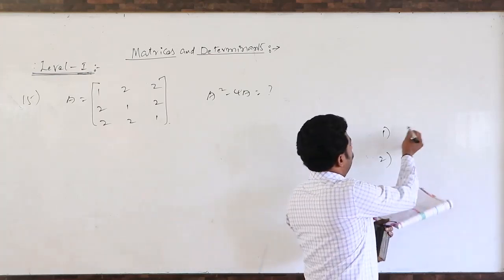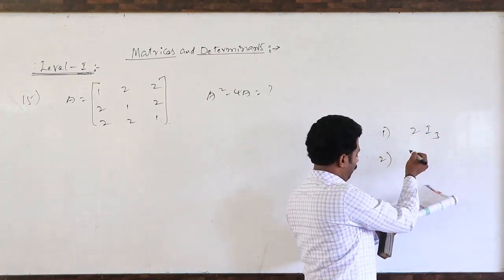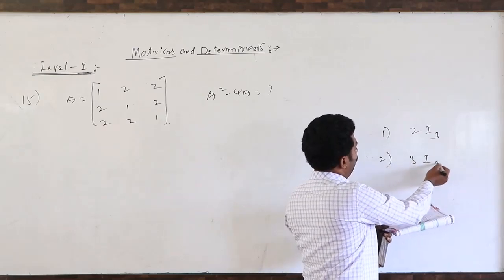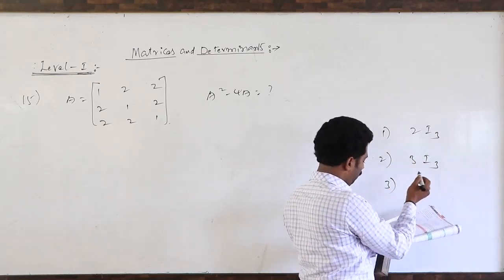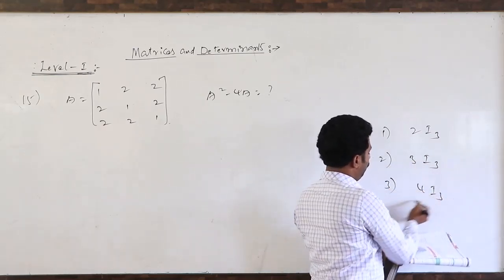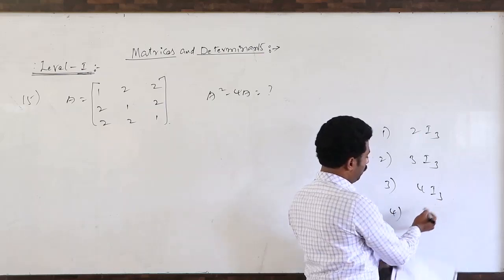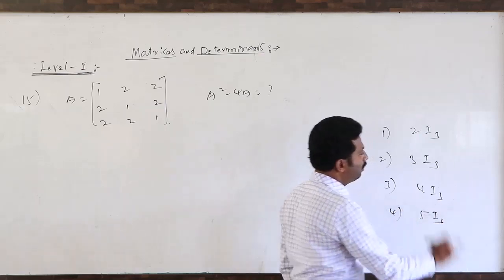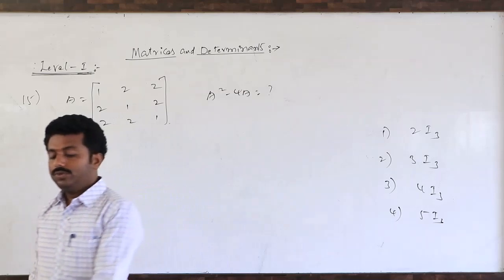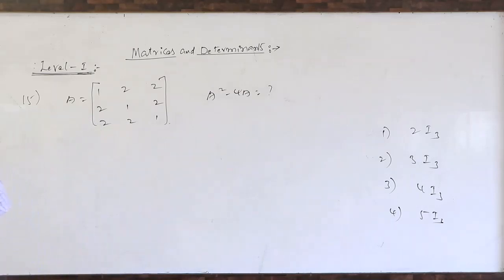First option 2I3, second option 3I3, third option 4I3, fourth option 5 into I3. Which one is correct, we have to answer.